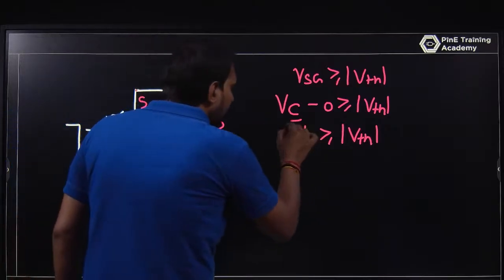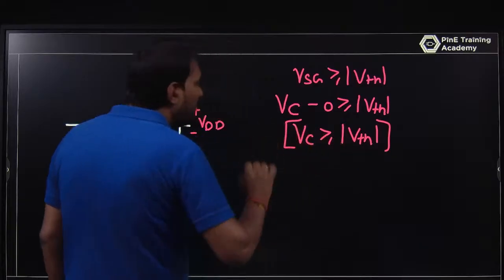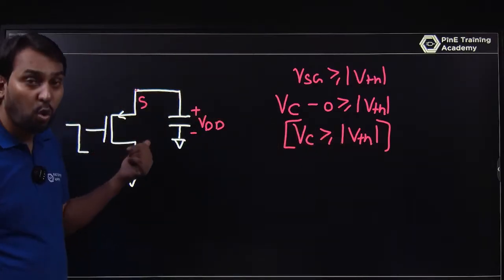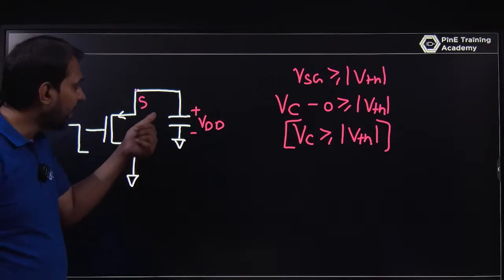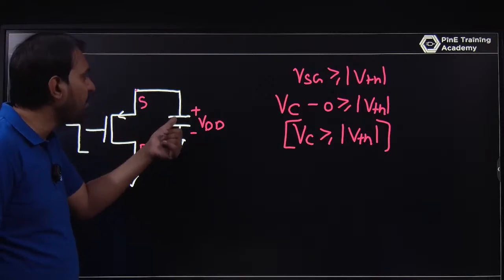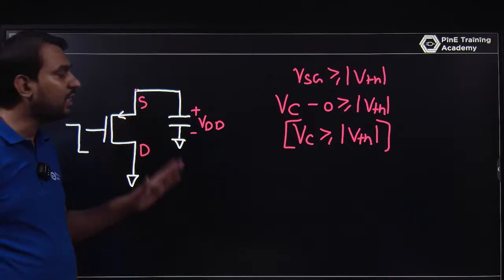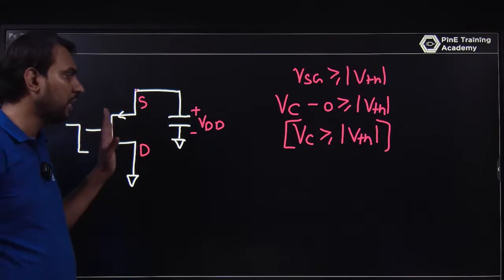Why? Once it gets near VTH, the problem arises that the MOSFET may turn off. So the capacitor will discharge from VDD to VTH. After VTH, the capacitor voltage will not discharge because the MOSFET will be off.